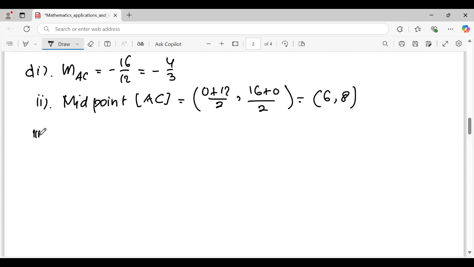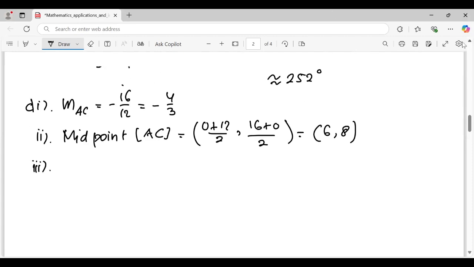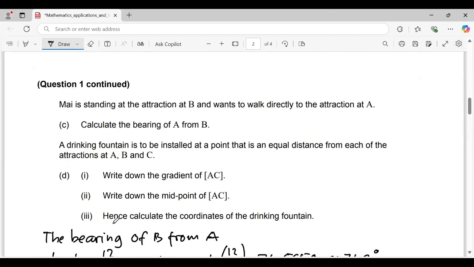Third, calculate the coordinates of the drinking fountain.